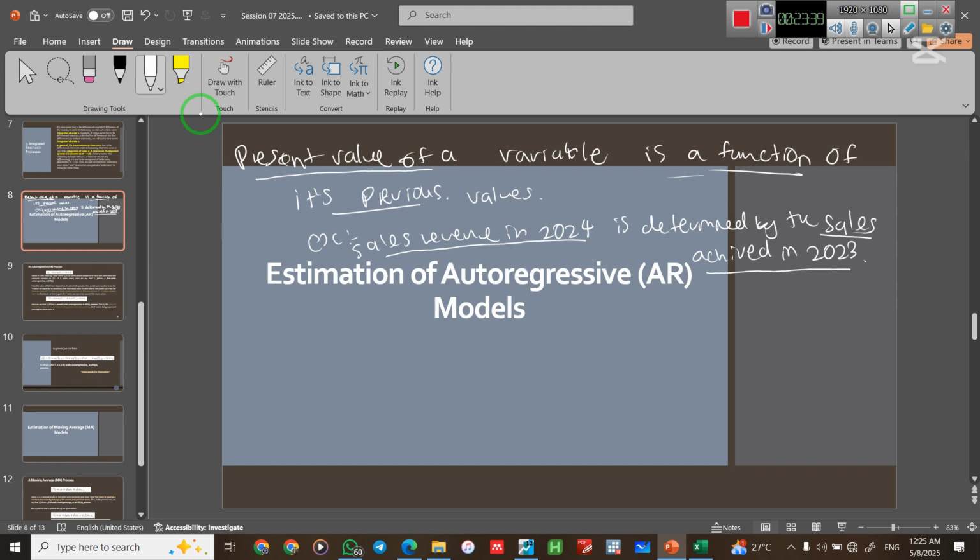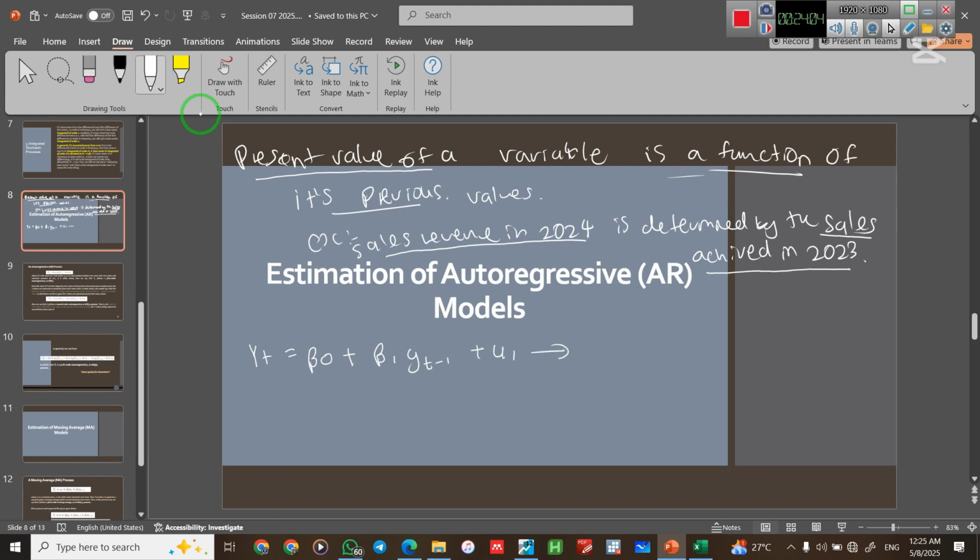So you can write the equation for the sales revenue in 2024 like this. Y_t, which represents the sales revenue, is a function of beta naught plus beta 1 into Y_(t-1) plus your error term, right?